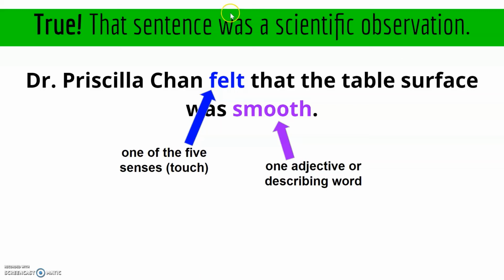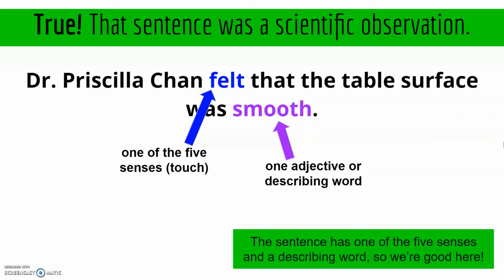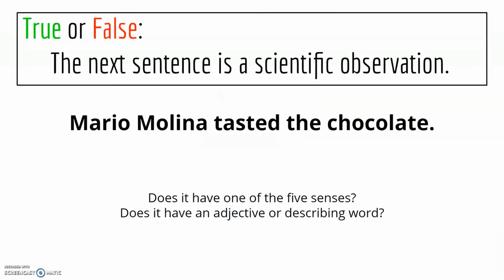Dr. Priscilla Chan is describing how the table felt. The table felt smooth. So this is a scientific observation. The sentence has one of the 5 senses and a describing word. So we're good here. Okay, let's try another one.